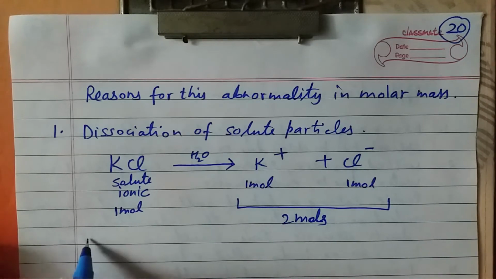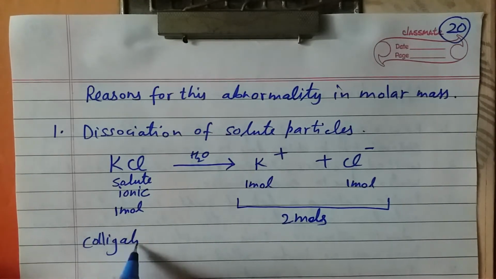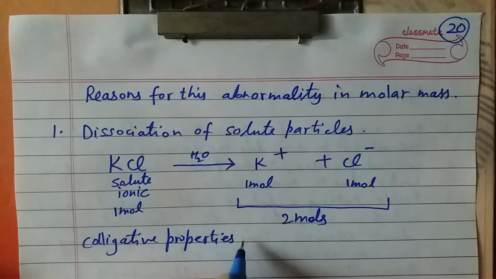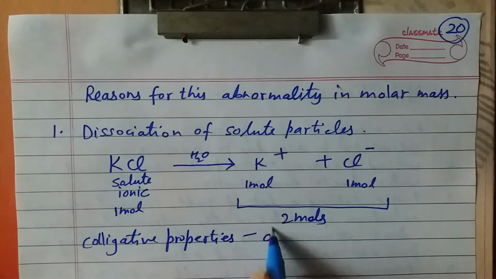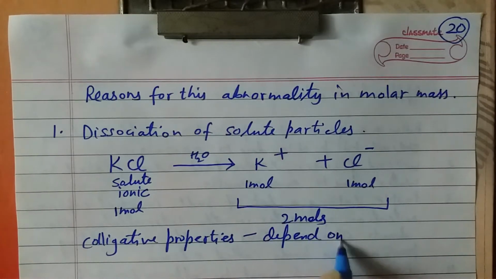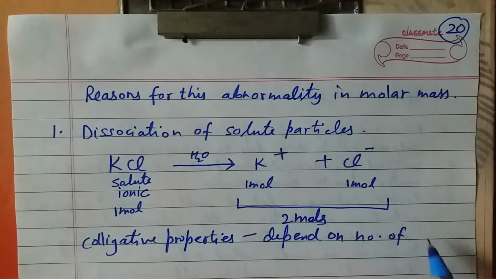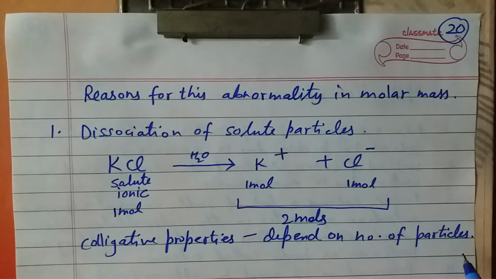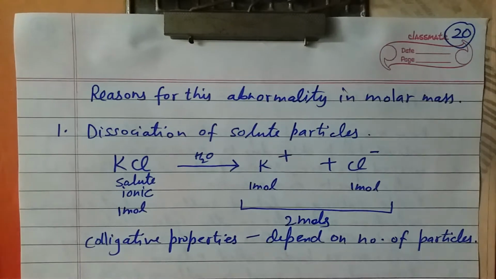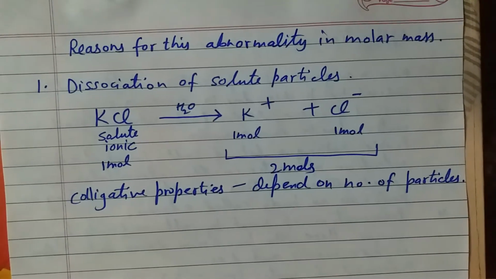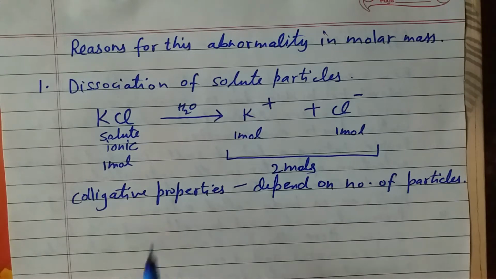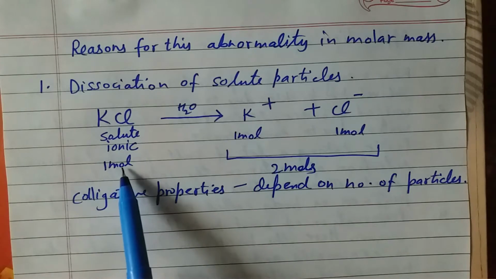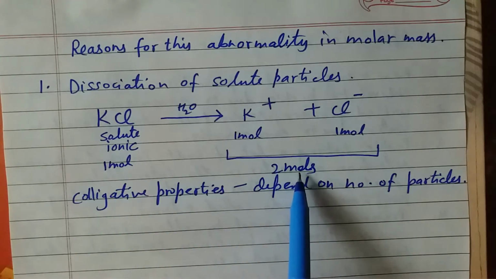Now, if you remember, what are colligative properties? The definition of colligative properties itself is that these are the properties that depend on the number of particles irrespective of their nature. This we have already discussed in the earlier lectures. And what has happened because of dissociation is that the number is increased, from 1 mole of particles to 2 moles of particles.